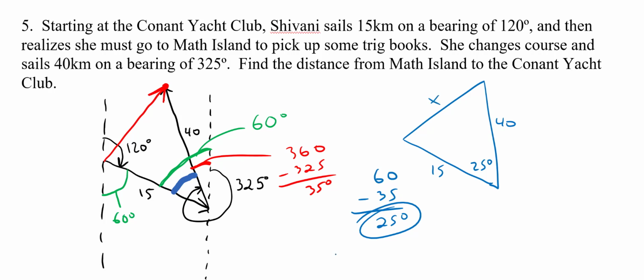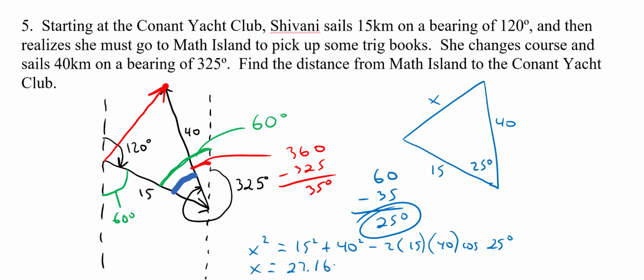So x squared is equal to 15 squared plus 40 squared minus 2 times 15 times 40 times cosine of 25 degrees. So take the square root and we get x equals 27.16 kilometers.